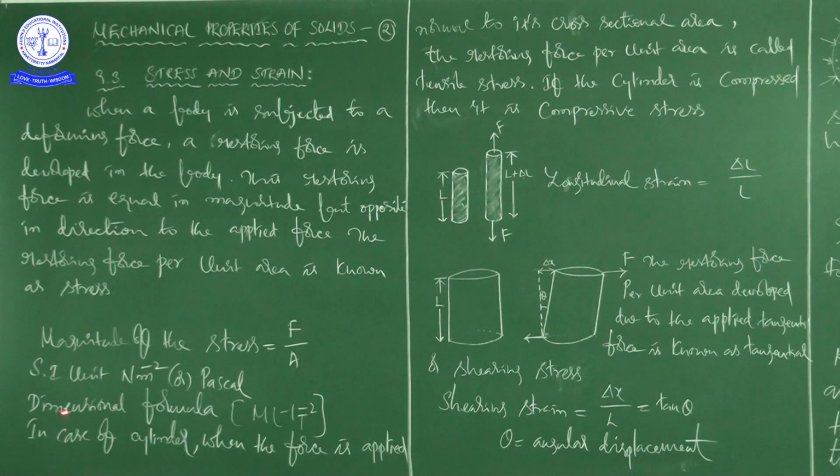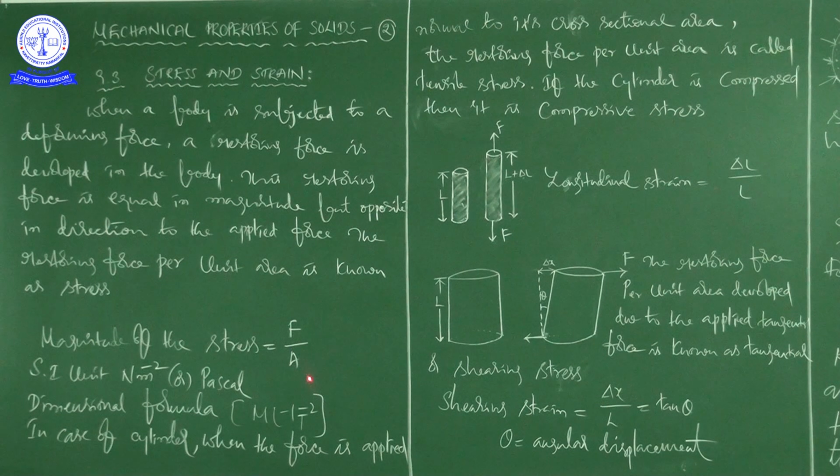Next, the dimensional formula. You know how to write the dimensional formula; in the first chapter, units and measurement, I explained how to write it. To write the dimensional formula for a physical quantity, first you have to know the formula, which is force by area. The dimensional formula of force is M L T to the power of minus 2, that is M power 1, L power 1, T power minus 2.